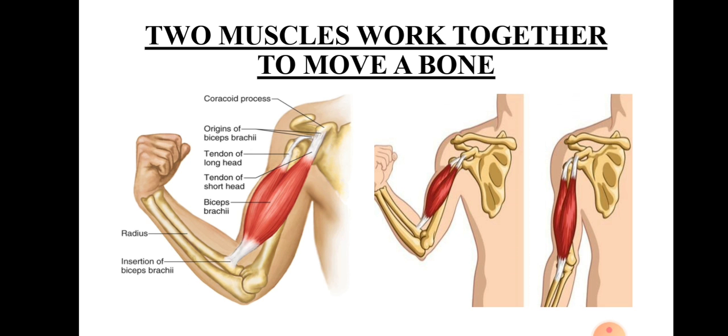So they work in pairs of flexors and extensors. The flexor contracts to bend a limb at a joint. Then when the movement is completed, the flexor relaxes and the extensor contracts to extend or straighten the limb at the same joint.